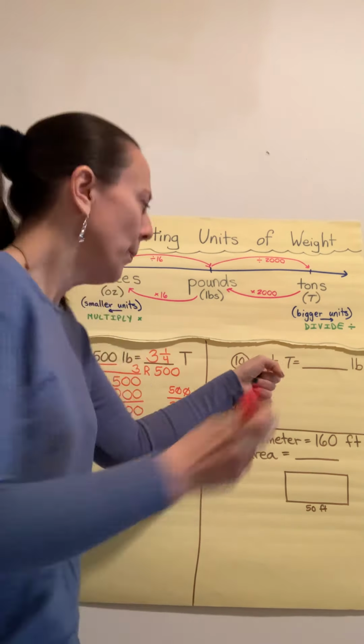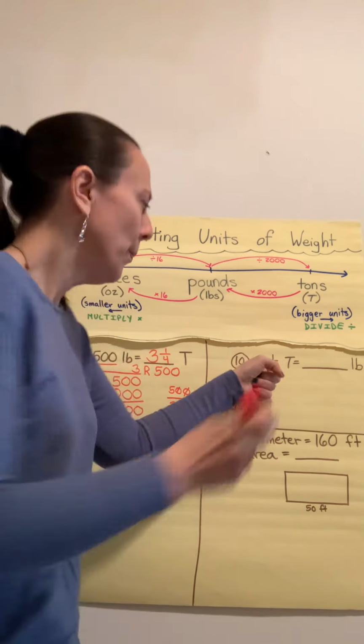But I still have a little bit extra. I have 1/10 of a ton. So what is 1/10 of 2,000 pounds? Oh, well, that would be easy because that's the same as doing 2,000 divided by 10. And we know that 2,000 divided by 10 just means that we're changing place value and we're moving the decimal point over one place.